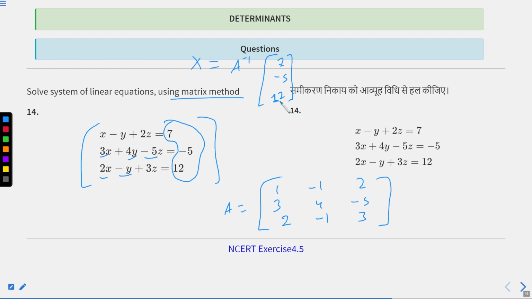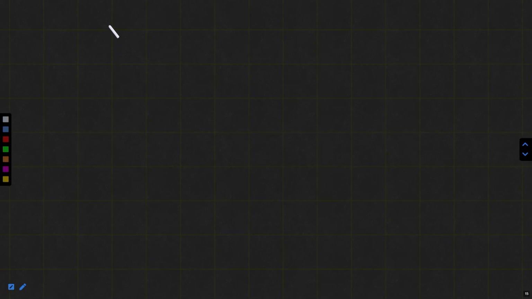Okay, so far so good. Let me use elementary row operations to find it. So far we have found A inverse using determinant and adjoint. Now I'll be doing it using elementary row operations. To find A inverse using elementary row operations, I have to make an augmented matrix.